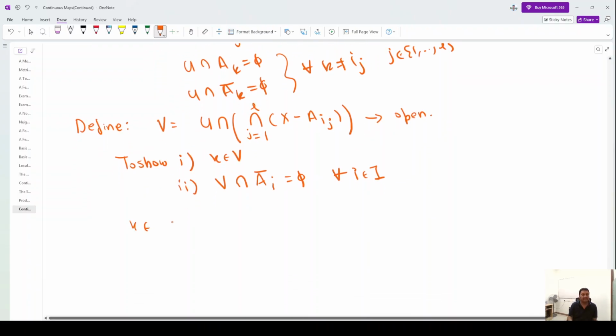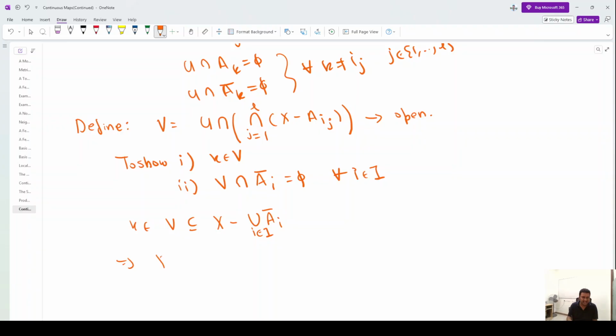Why? Because you will have this V and this is contained in what? And this is open, right? These are closed sets, so the complement will be open. A finite intersection of open sets is open. So X is in V, and this is contained in X minus the union of AI closure, I in I. So for every X, now you can take the union of all such V's.